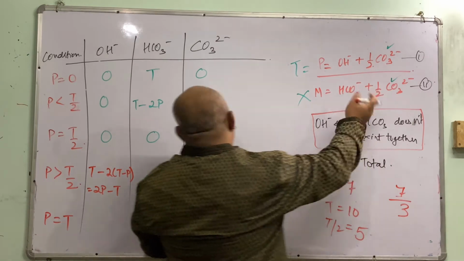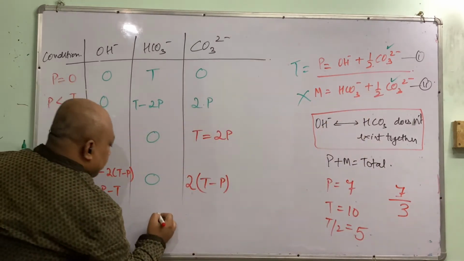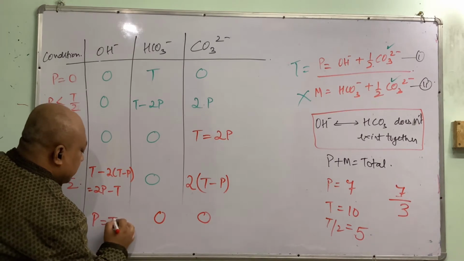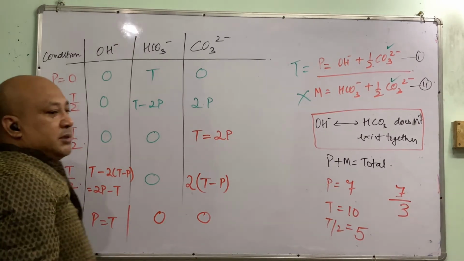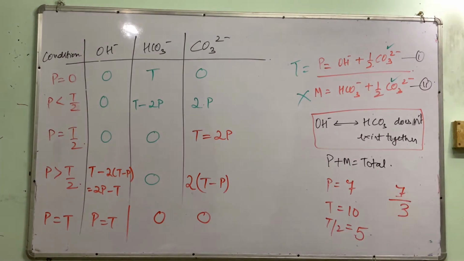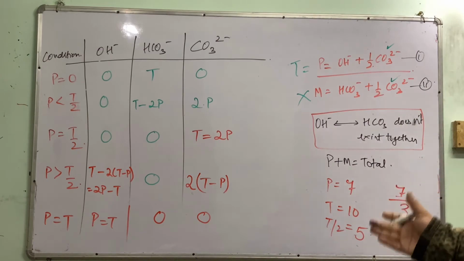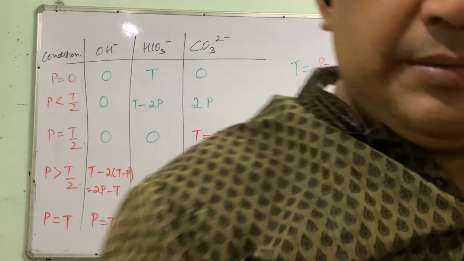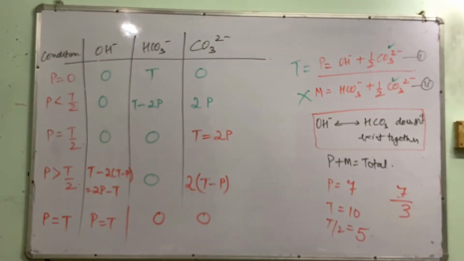So carbonate and bicarbonate both will be 0. Whatever is left is OH. So from this condition, you can find all the 3 ingredients as per the condition of P and its relation to T. This is a chart. Now I'll do one example.